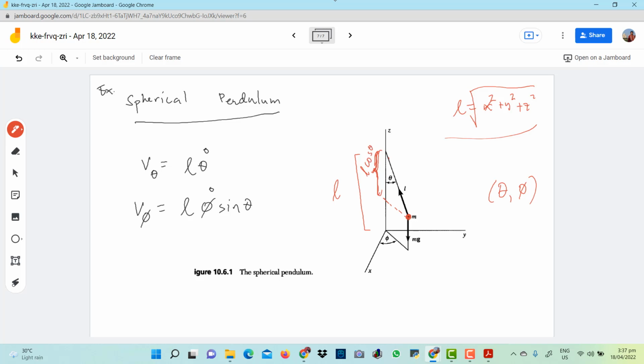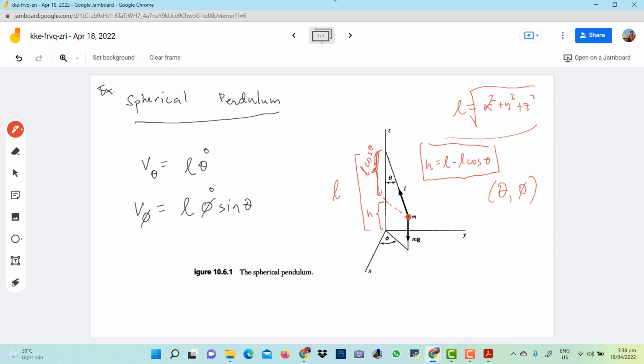Then the height H of your m is equal to L minus L cosine of theta. Right? So therefore, the gravitational potential energy is equal to mg times H, where H is equal to L minus L cosine of theta.